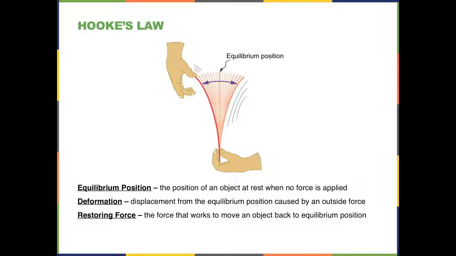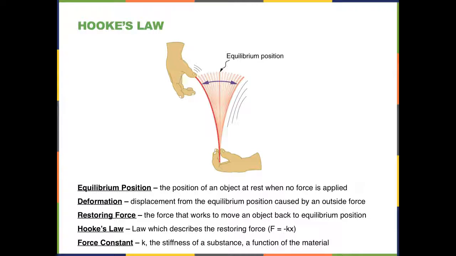That force is called the restorative force, or the restoring force. And Hooke's law is the law that describes the restoring force. Written mathematically, the restoring force is equal to minus kx, where k represents a constant subject to whatever material you're working on.